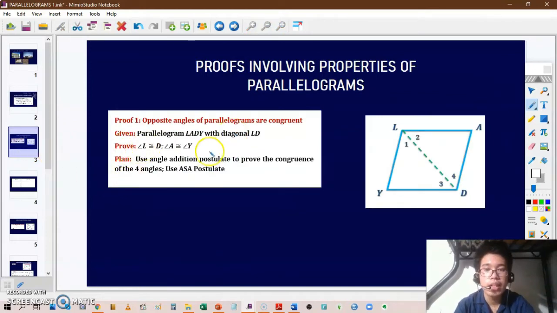For the first one, let's prove that the opposite angles of a parallelogram are congruent. We have here parallelogram LADY with a diagonal LD.